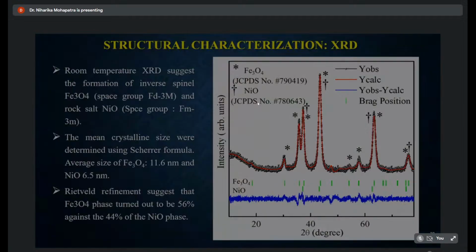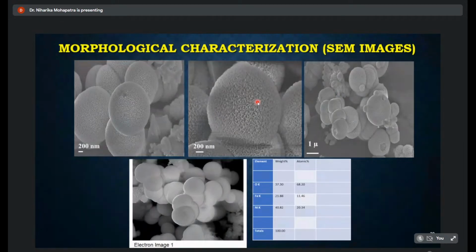Then we tried to understand the structural features. This is first the field emission scanning electron microscopy images. In the first instance, when we look at the images, you can see that they look like spherical balls, and if I further magnify this, you can see some flakes.